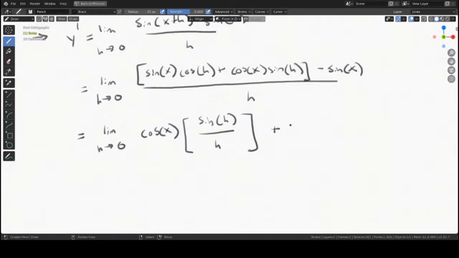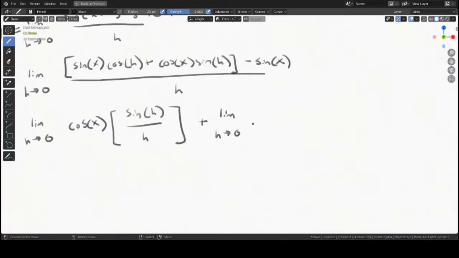So we have plus the limit as h is approaching 0 of sine of x, and we factored that sine of x out of cosine of h minus 1 divided by h. So we've got two limits to take here.